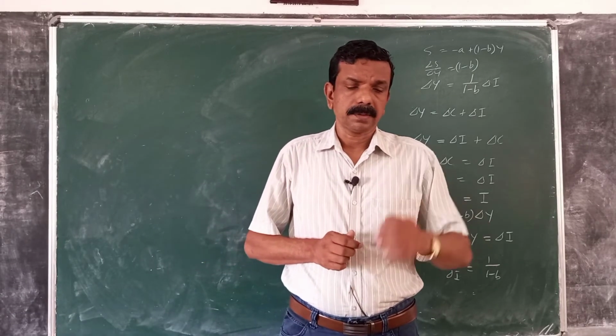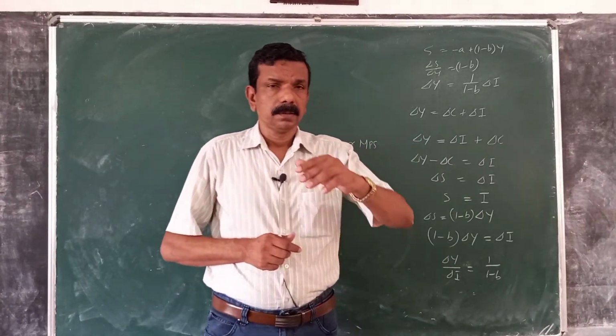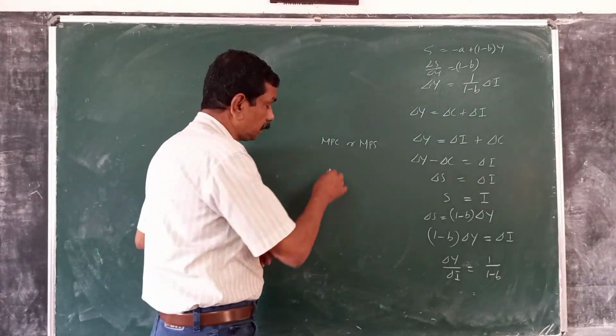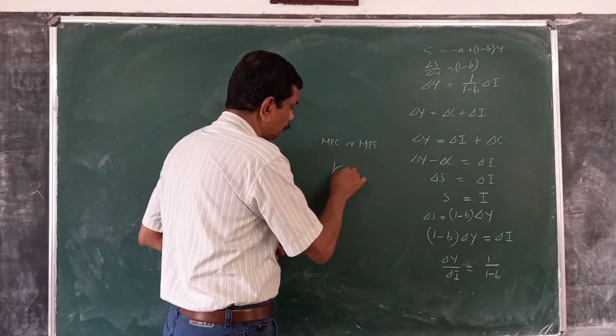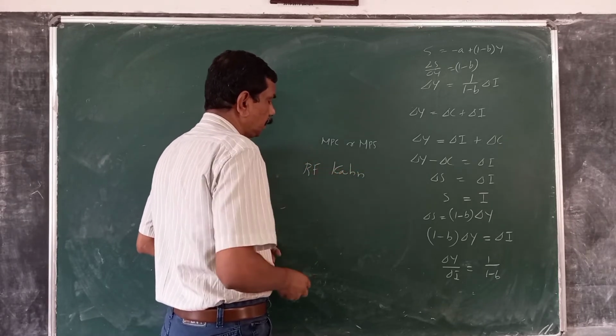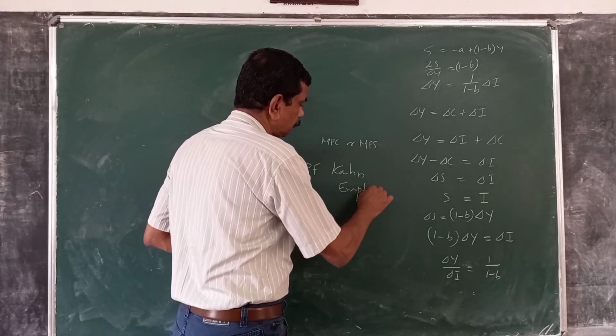And remember this, the concept of multiplier, though it was popularized by Keynes, was first introduced by R.F. Kahn. And he introduced what is known as the employment multiplier.